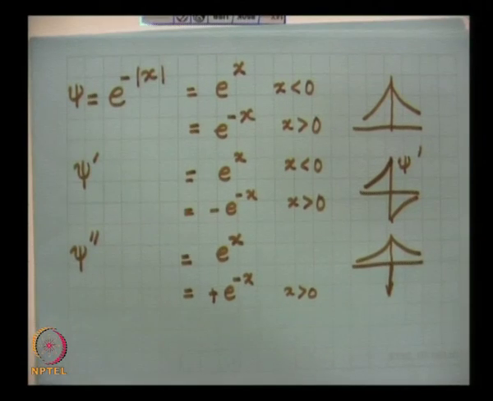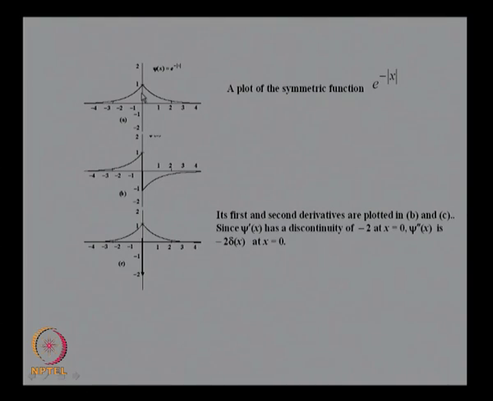So, let me illustrate this. So, you have here e to the power of minus mod x, a plot of the symmetric function. Now, its derivative has a discontinuity of minus 2 units.